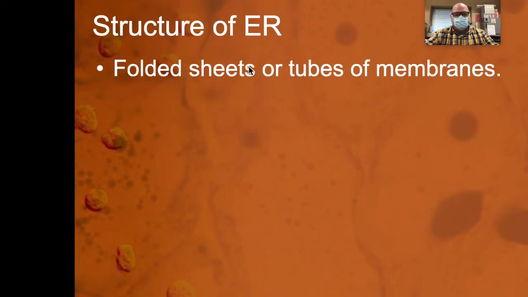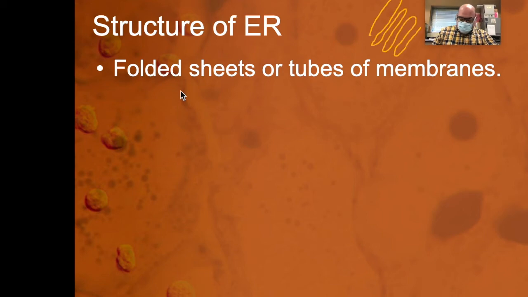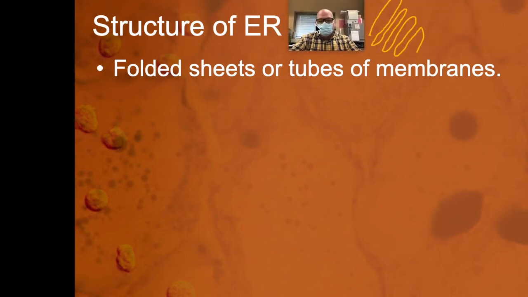All right, so let's look at what it looks like. So again, okay, you're going to see these folded sheets really tightly put together. But the important part here is, what are these things? Those are layers of membrane.